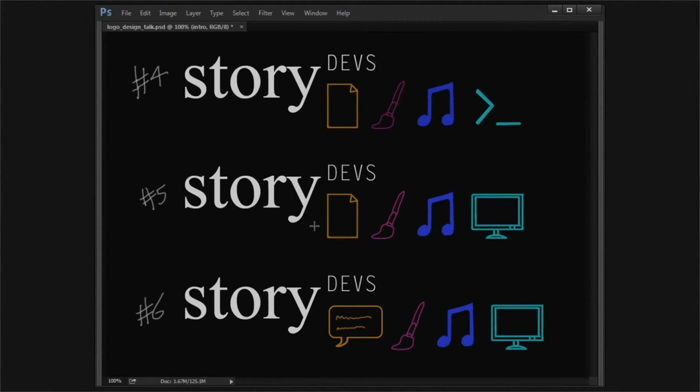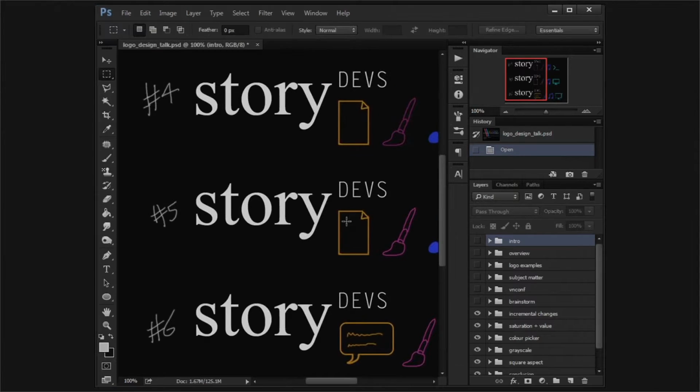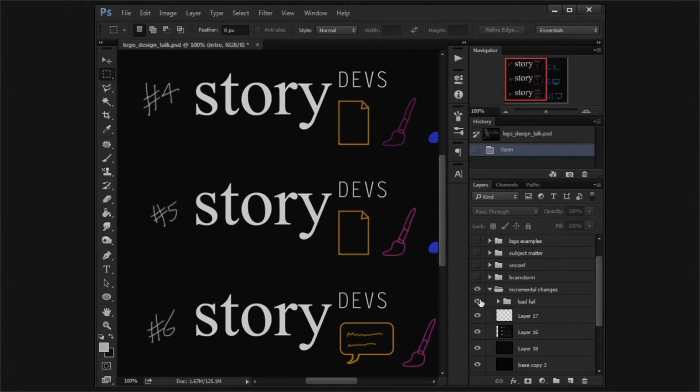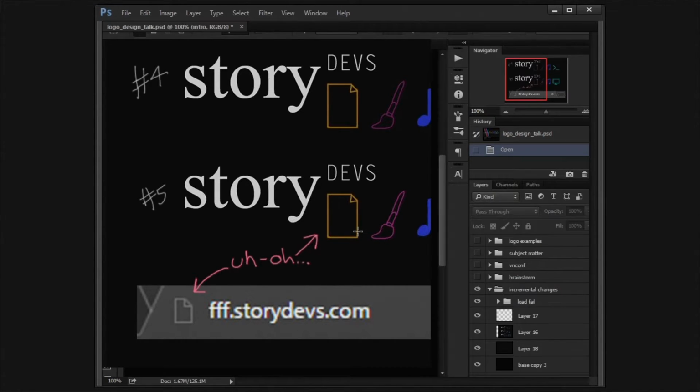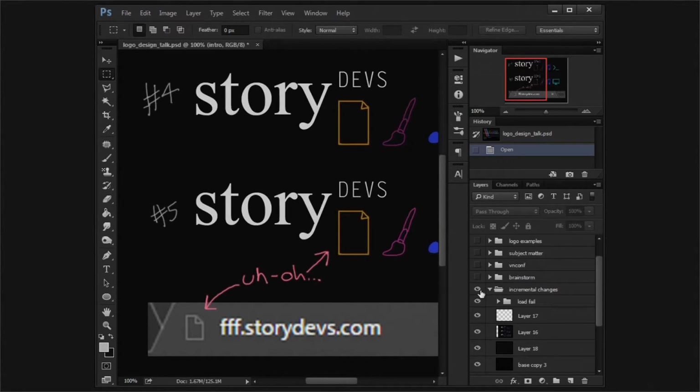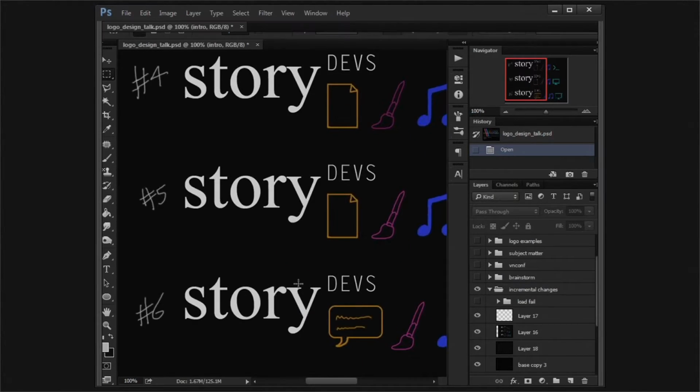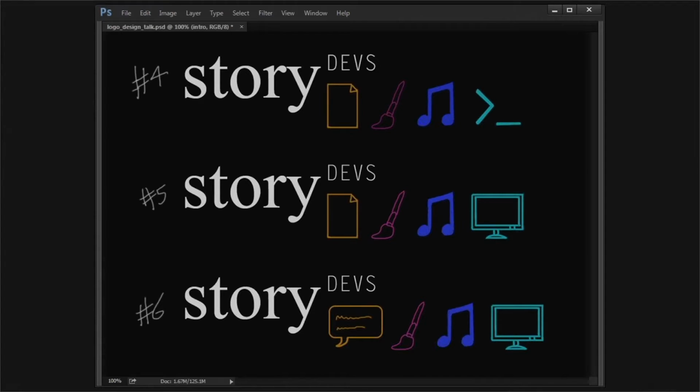So if you do that and you put it in the browser tab icon, what happens is, if a page fails to load in Chrome, it actually looks like this. So that's not good. The stand-in for our entire logo looks equivalent to failure. That's pretty bad. So when I realized that, I changed it to the speech bubble.